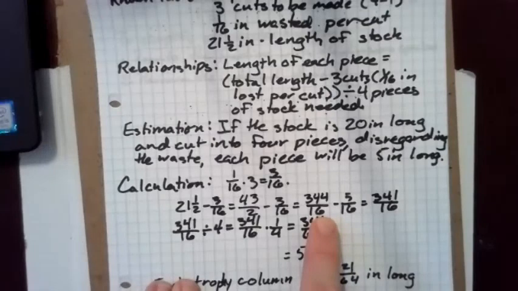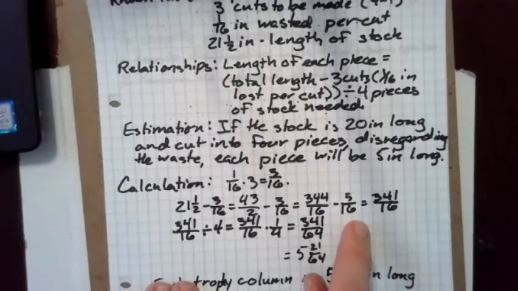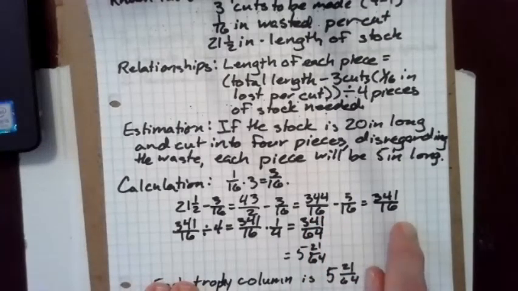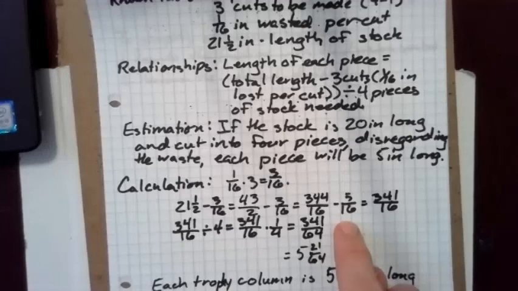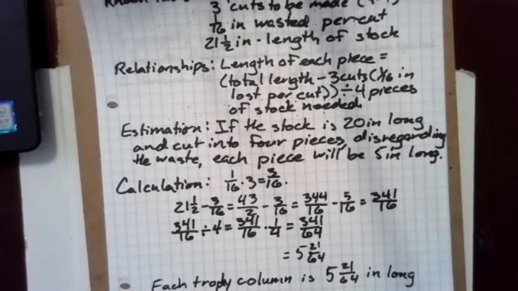So we've got 344/16 minus 3/16 is 341/16. And then we divide that by 4. So 341/16 divided by 4 is 341/16 times 1/4, which is 341/64, which is 5 21/64 inches. So each trophy column is 5 21/64 inches long.